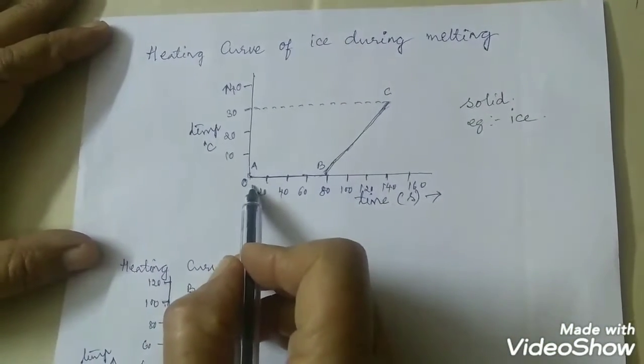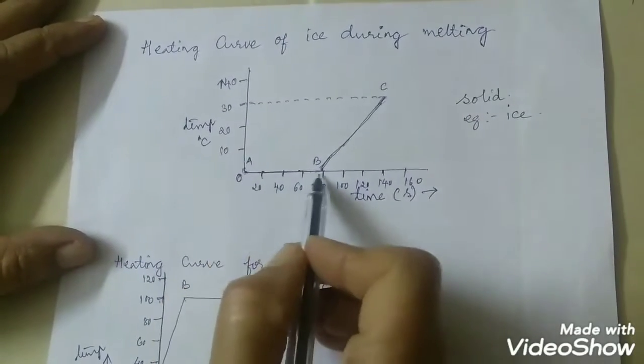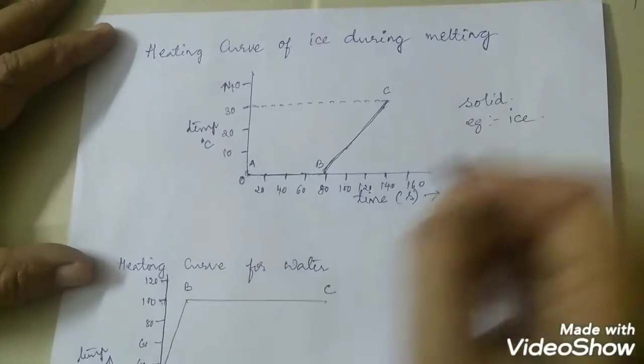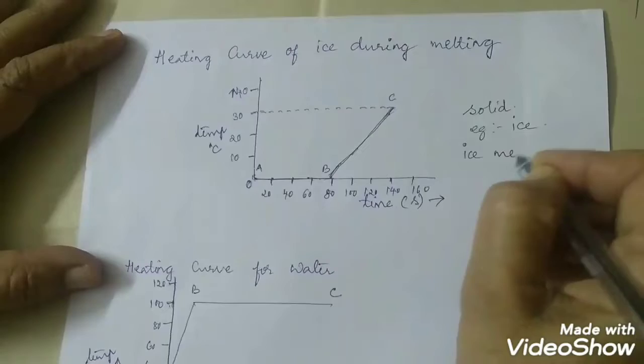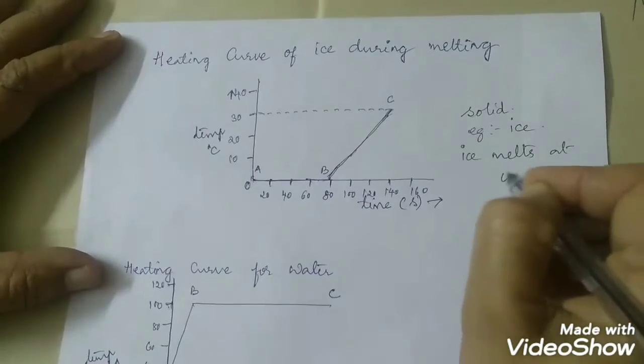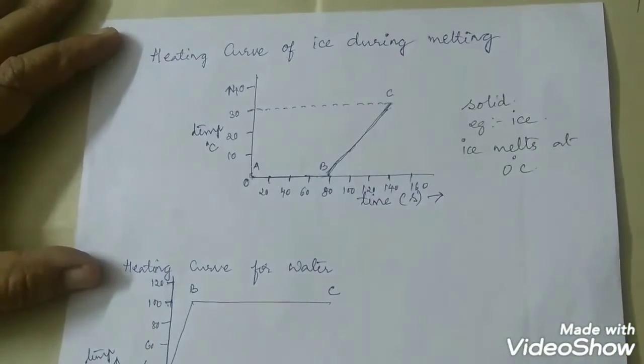Ice is heated for a certain time, and we know that ice melts at 0 degrees Celsius. This is the melting point of ice.